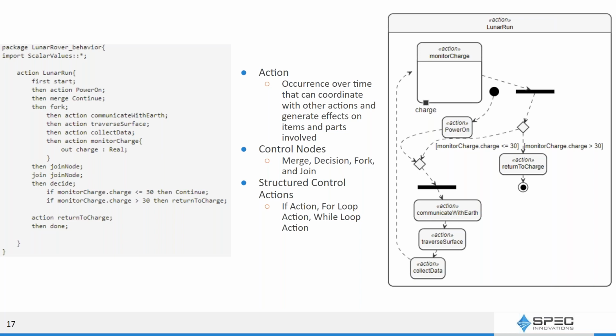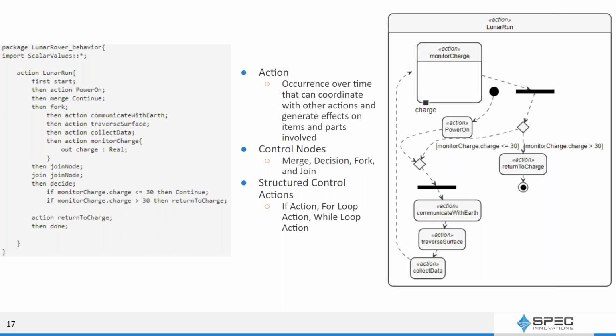With an action, you have to do a first start, which gives you a start node. And every action after that will be followed by a then. So then action power on, then merge continue, then fork, and under the fork you can indent, and it contains then action communicate with earth, then action traverse surface, then action collect data, then action monitor charge, and you can output a charge, and that charge can be used.